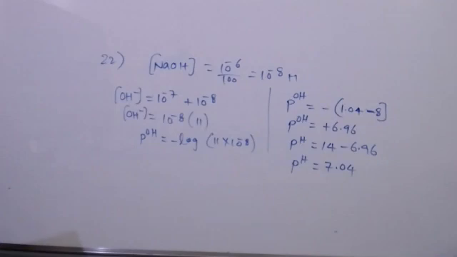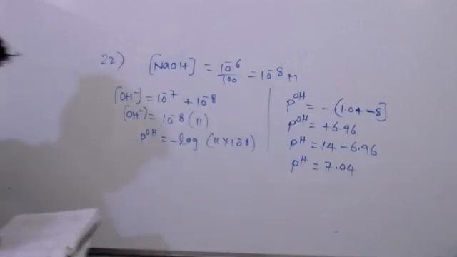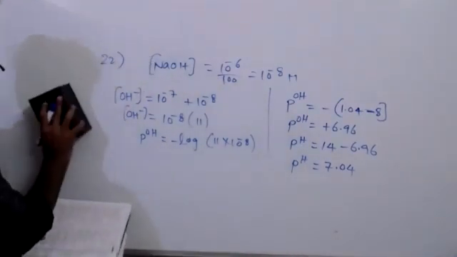Question 23: Consider the following gaseous equilibria with equilibrium constants K1 and K2 respectively. The equilibrium constants are related as: very easy question, and such questions are frequently asked at CET level.